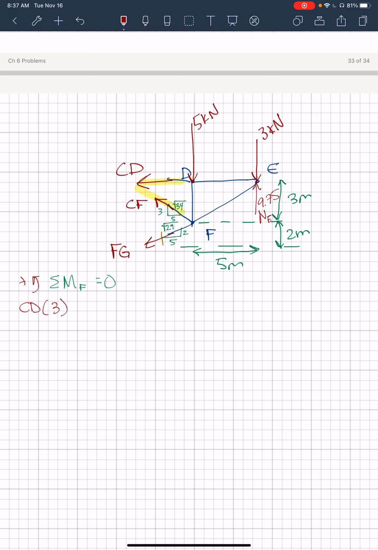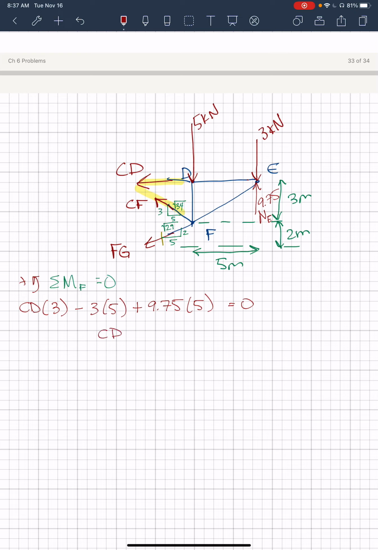And then over here we have the 3 kilonewton force, which would be in the negative direction, so 3 times 5 meters. And then the 9.75 will create a positive moment, so 9.75 times 5 meters is that moment arm. That equals 0.